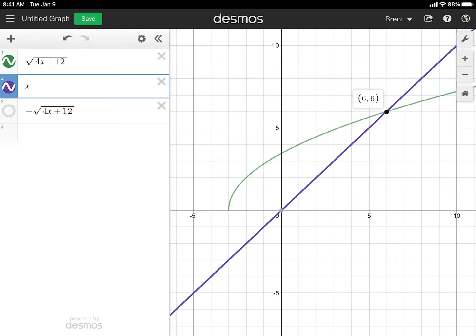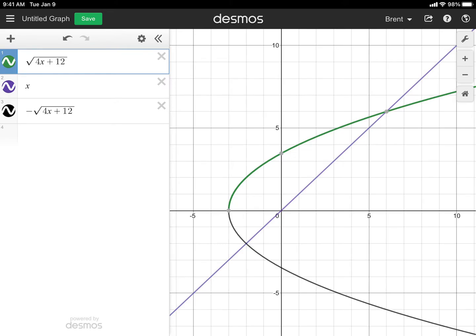The x value from the solution is a positive 6 because it was x equals 6. We also got an x equals -2. And here's something that's interesting. If I take this graph of the positive square root of 4x plus 12 and I make it negative, and then I look at the intersection, that intersection is at x equals -2, and that was our extraneous solution.